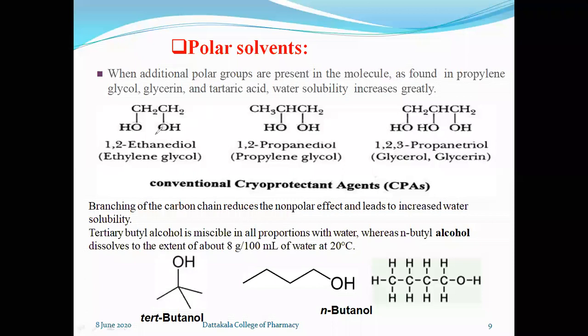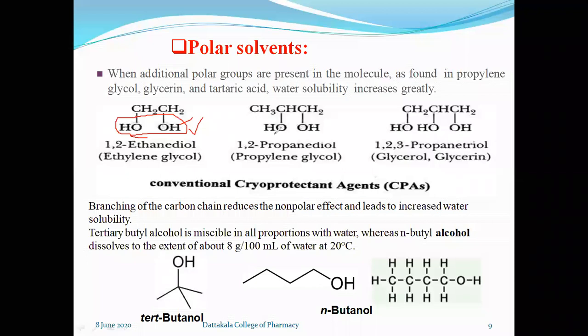let us see here, ethanol, diethanol, two hydroxy groups are present. That means one excess polar group is here as compared to ethanol. So definitely diethanol will show more solubility, of course, because of its more polar nature.